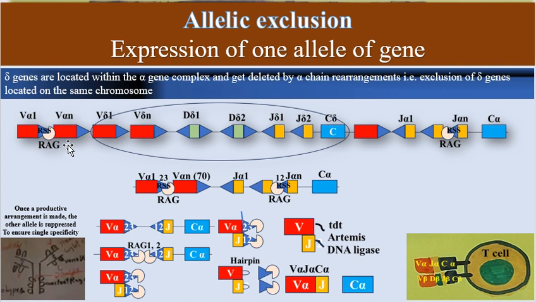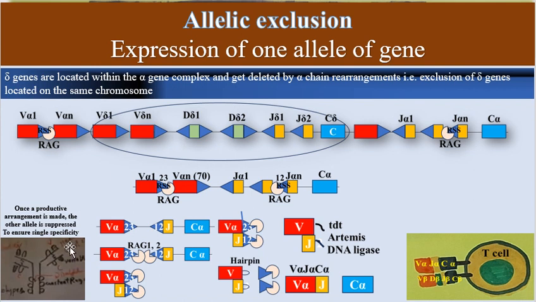So for a successful alpha gene rearrangement, delta gene segments should be deleted by alpha chain rearrangement. That is to say, exclusion of delta genes located on the same chromosome.